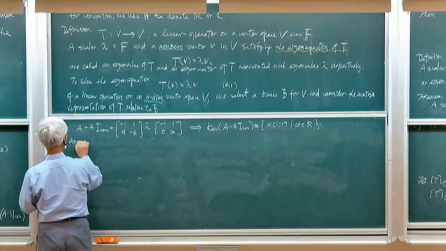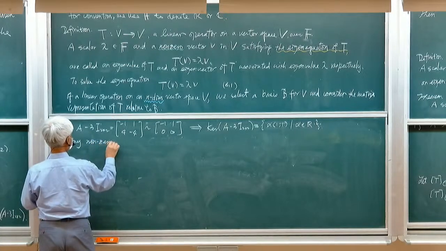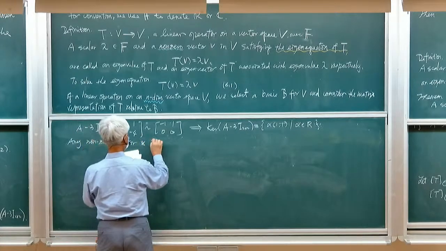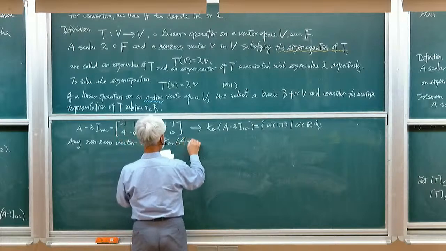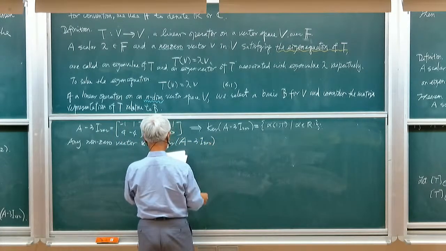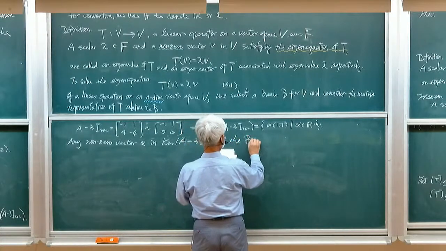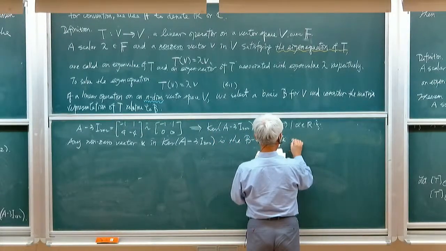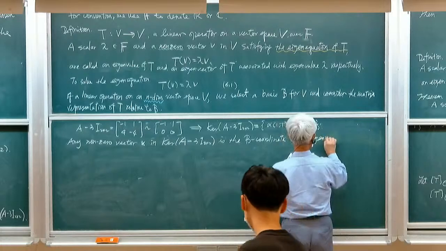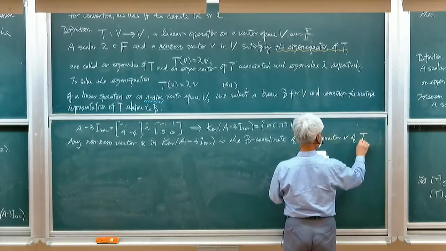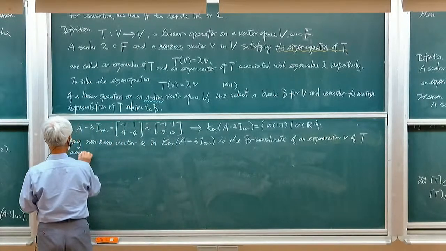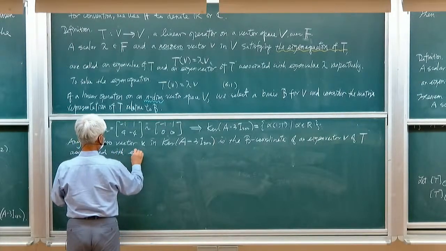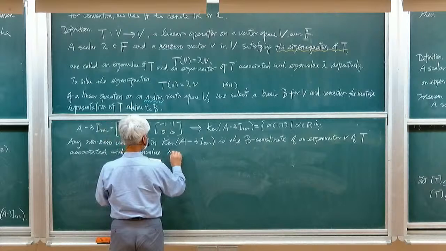So any non-zero vector x in the kernel is the B coordinate of an eigenvector v of T associated with eigenvalue lambda equals 3.